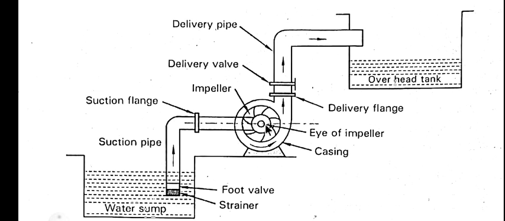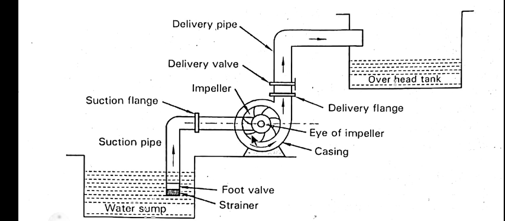As the electric motor starts rotating, this shaft is connected to the electric motor, it also rotates the impeller. The rotation of the impeller creates suction at the suction pipe.